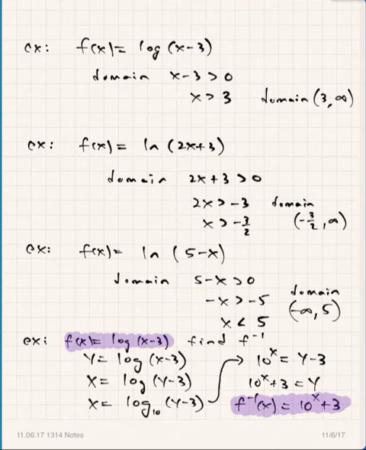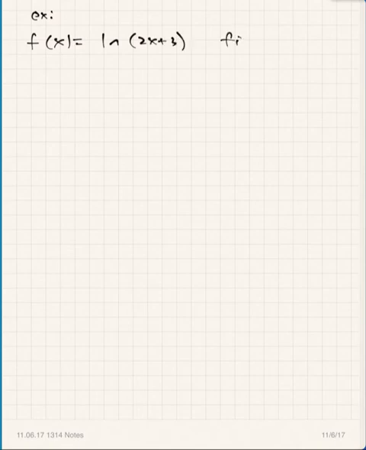Let's do the second function I have up there, the natural log of 2x plus 3, and we'll finish with that problem. So another example here, f of x equals natural log of 2x plus 3. Find f inverse. Remember, this is a base e natural log right here.